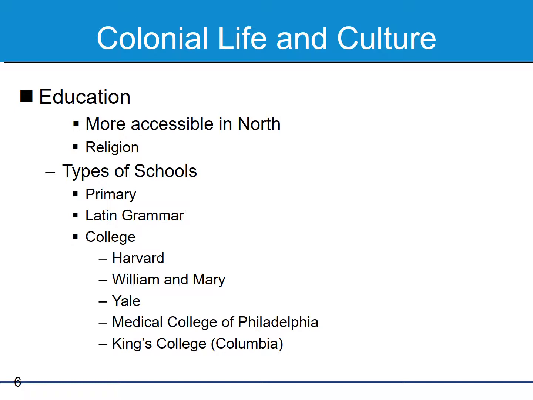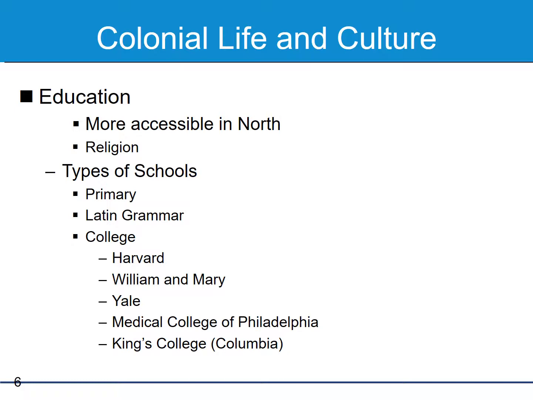And so only those people who were going to pursue higher education in college would go to the Latin grammar schools. Usually you also had to pay a fee. So even in the North, the Latin grammar schools are not going to be available to the poorer people because they are going to be more fee-based schools.